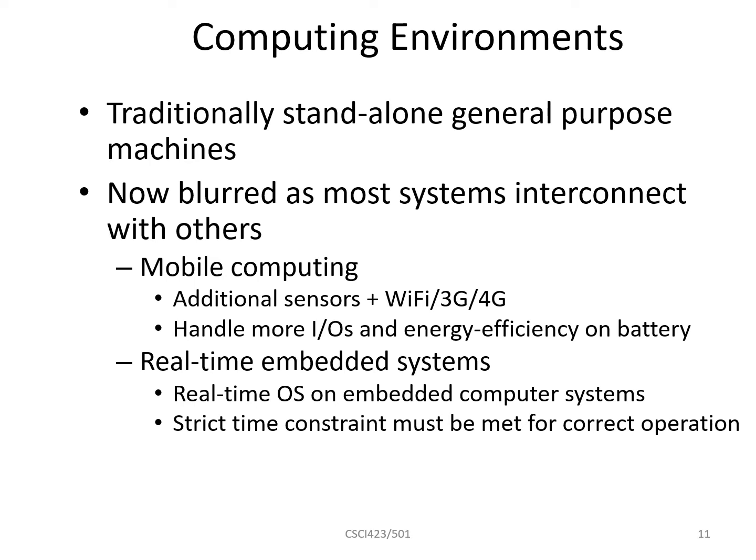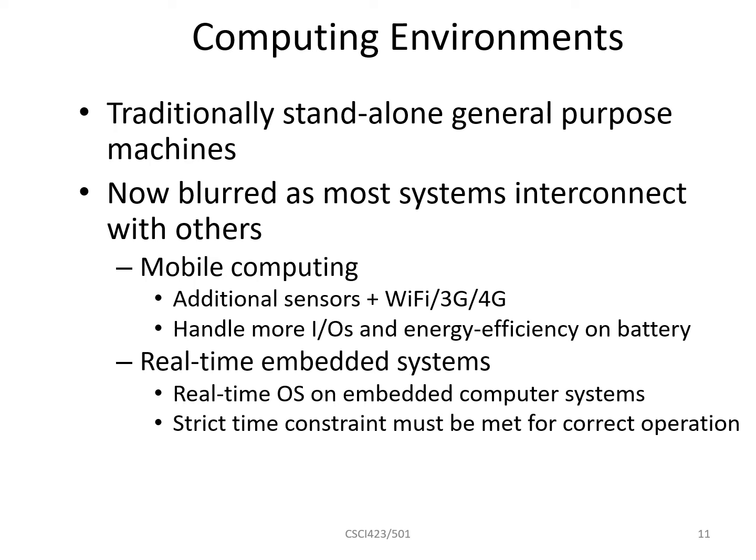However, now the computing environment has become more and more blurred because now most computers interconnect with each other, and also we have some newly emerged computing environments. For example, mobile computing. If you look at your cell phone, your smartphone, and the tablet, then definitely you can tell the computing environment there is quite different from your desktop computer, right?